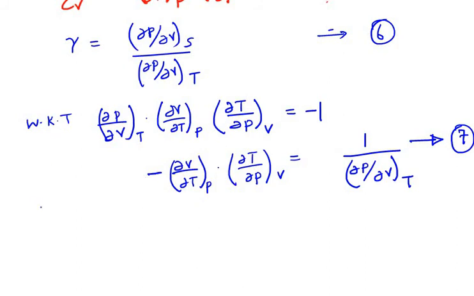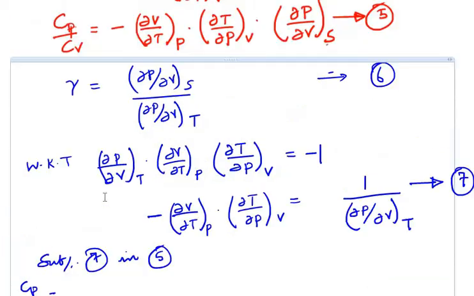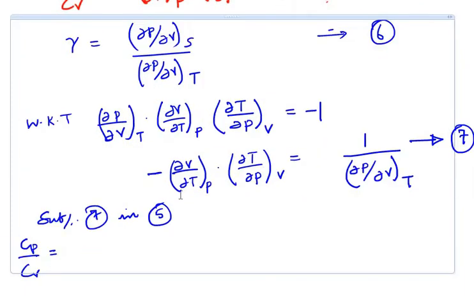Now I am going to substitute equation 7 in equation 5. So what is my fifth equation? Cp by Cv is equal to minus dou V by dou T into dou T by dou P into dou P by dou V at constant entropy.